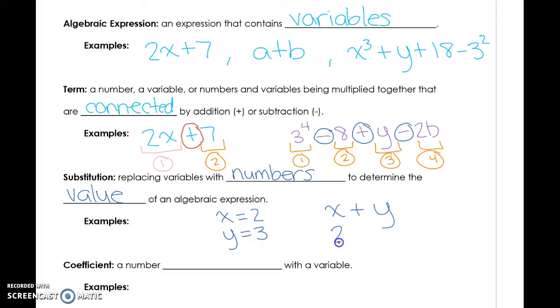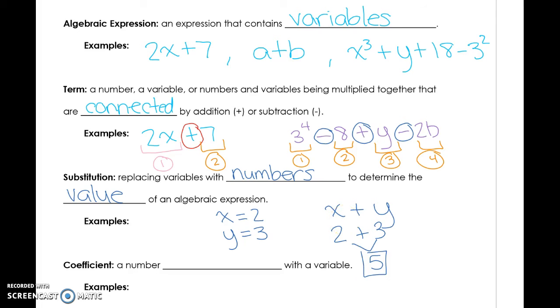So x is equal to 2 and y is equal to 3, so the value of the expression would be 5. This is called substitution. We're replacing the variable with its number. Okay, and if you think about it, you can think of substitution when you have a substitute teacher. The substitute replaces your teacher, so the number replaces the variable.